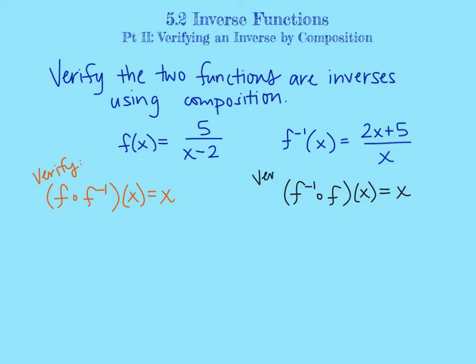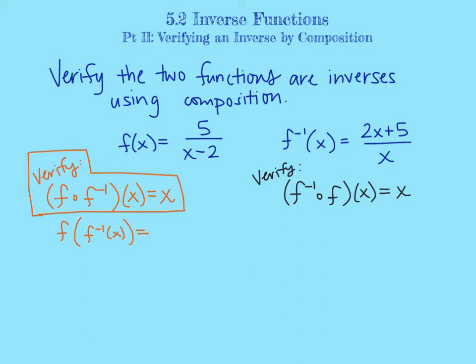So we need to verify composition both ways gets out x. Okay, let's do this left one first. So to rewrite this, this is really f of f inverse of x. And then instead of writing x here, because we just want to verify this, we need to make sure that we get x out.